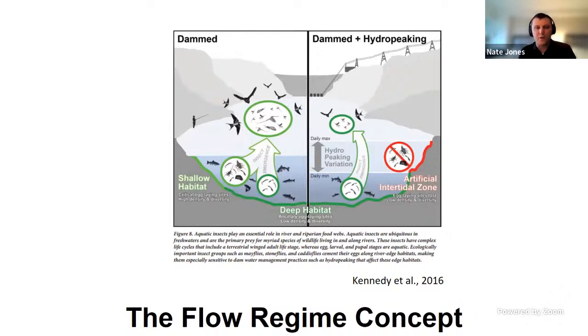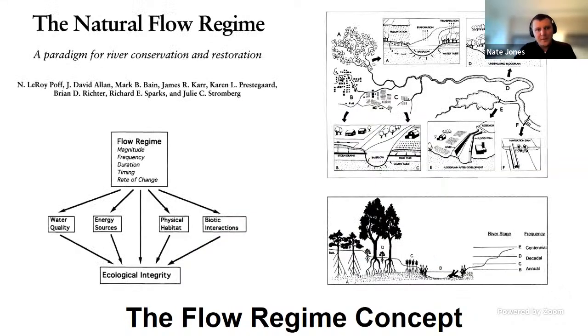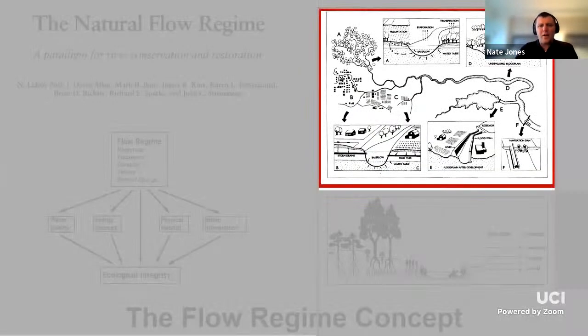This is a recent work, and I just cherry picked this, but looking at how hydropeaking impacts macroinvertebrates, and in particular how those changes cascaded through the rest of the food web. But what I'm really excited about thinking about is, we've done this really good work and we're moving forward and thinking of ways to better manage our dam systems.